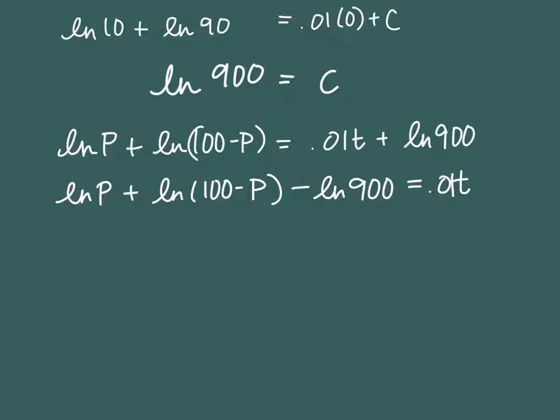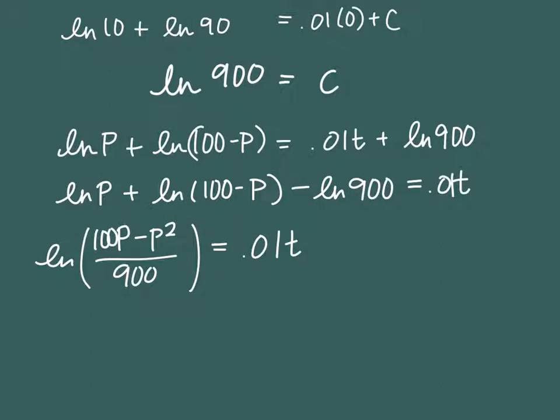The rules of natural logs tell me that I can multiply p times (100 minus p) squared over 900, and have that all be one single natural log. And to have a single natural log, it's easier for me to solve. So I can use e now to solve that.